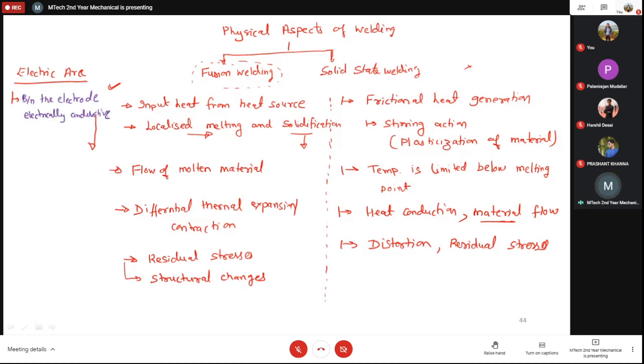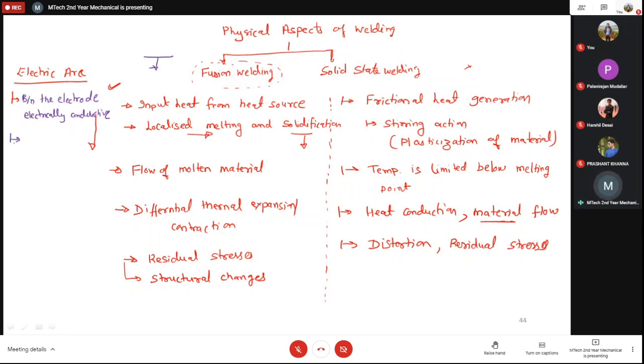If we are using some gases or the laser beam process, then it is not required for the workpiece to be electrically conductive. Okay, so here also there is a huge variation. In fusion welding also a huge variation is there. So we are speaking about the electric arc.